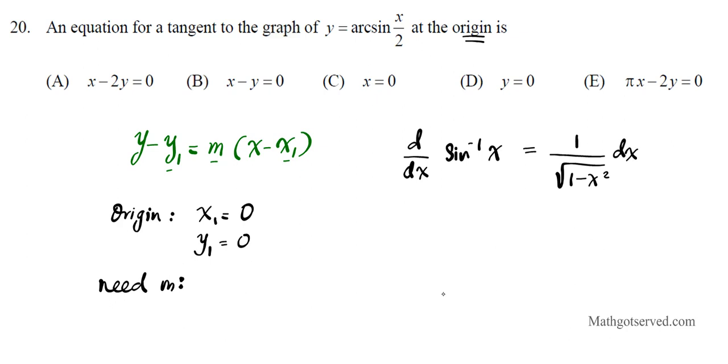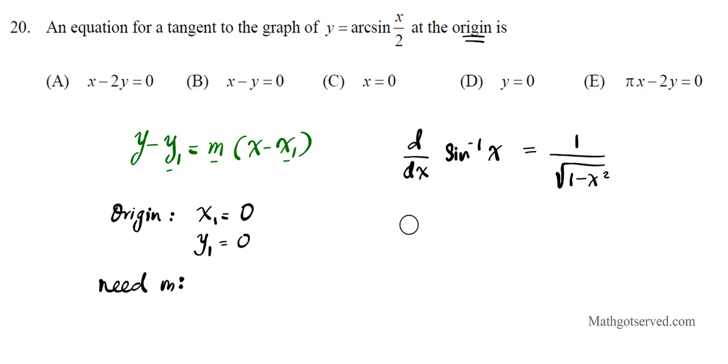This is the derivative of the inverse sine. Why do we need this? Because we need the derivative of this function, and if we evaluate the derivative at this point, that will tell us what the slope is at that point.